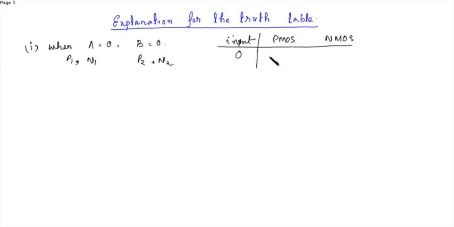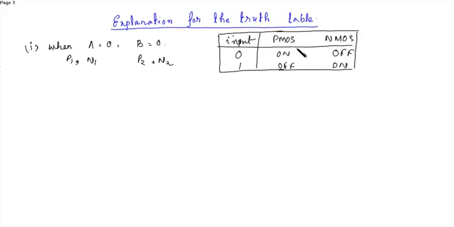When input is 0, PMOS is on, NMOS is off. When input is 1, PMOS is off and NMOS is on. Okay.